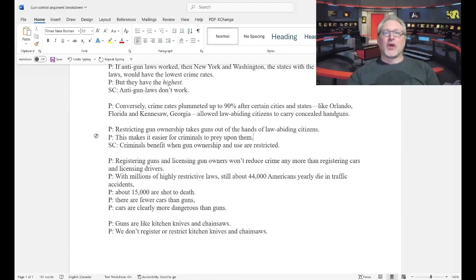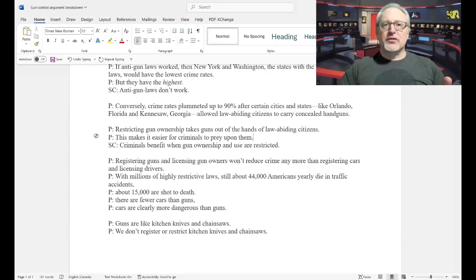Okay, so I said that the next paragraph starts off by comparing guns to cars, and this made me think that it might be an argument by analogy. This is helpful because an argument by analogy has a fairly specific and straightforward structure, and structure is exactly what we're looking for.